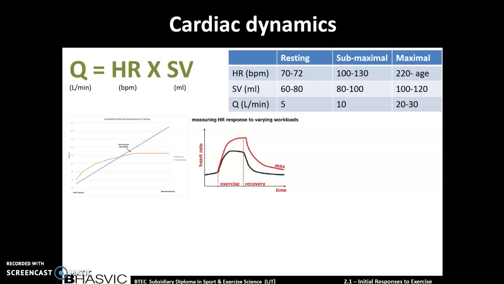But then if there's not a maximum amount of blood in the atria, then stroke volume would plateau, as there's not enough time for the atria to fully fill with blood.